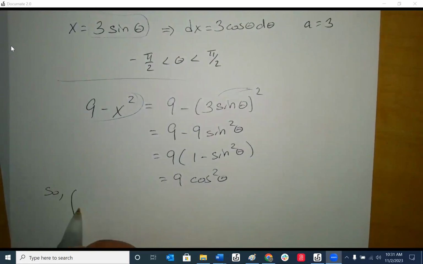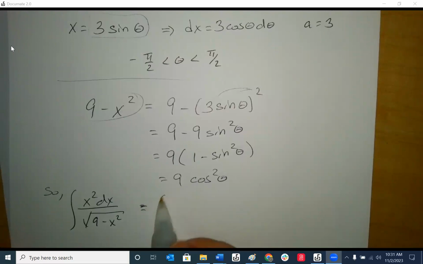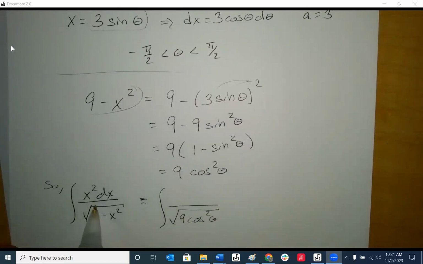So our function, x squared dx over 9 minus x squared, can be written as, on the bottom, 9 cosine squared theta, and on top, x squared dx.